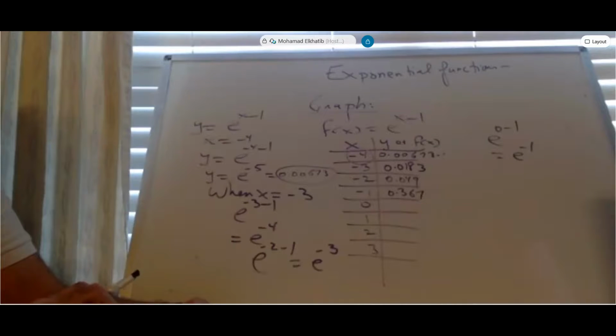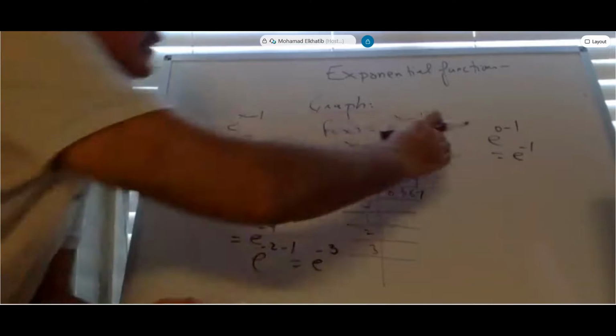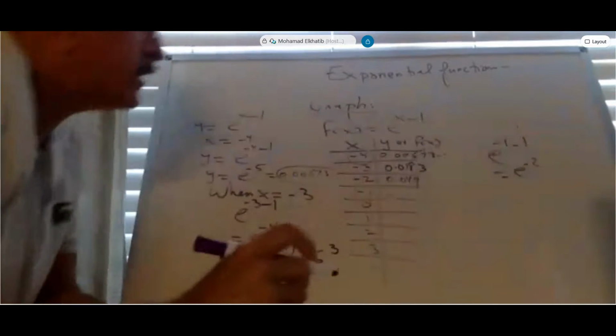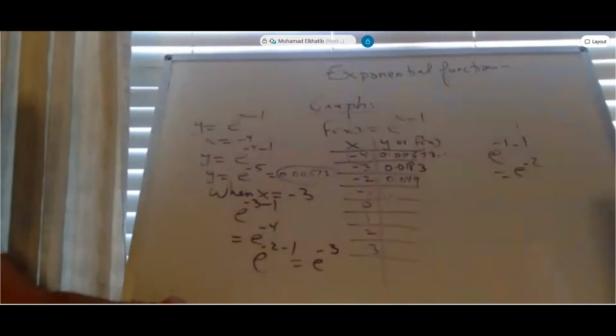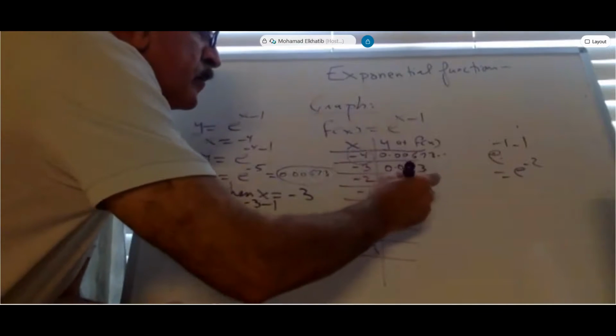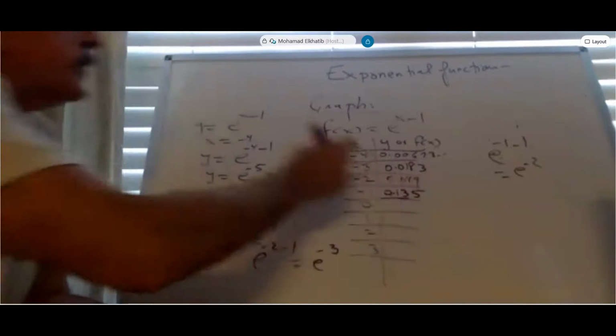Oh, I made a mistake here. x is -1. -1 minus 1 is -2. I need to find e to the -2. That's 0.135. Now x is 0.